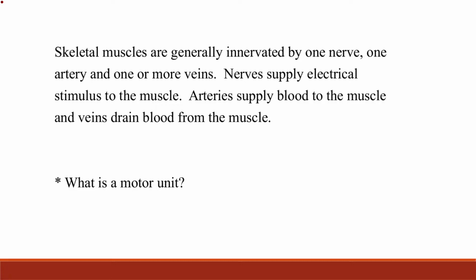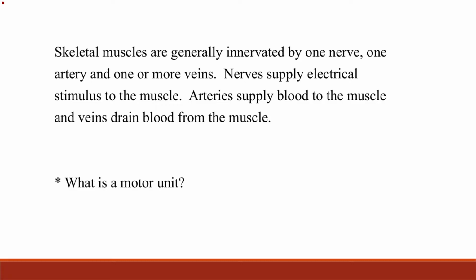And then along with the femoral vein, there may be some other veins that would drain the surrounding area. So arteries are vessels that supply oxygenated and nutrient-rich blood to the muscle, and veins drain that oxygen deprived or oxygen poor blood from the muscle.